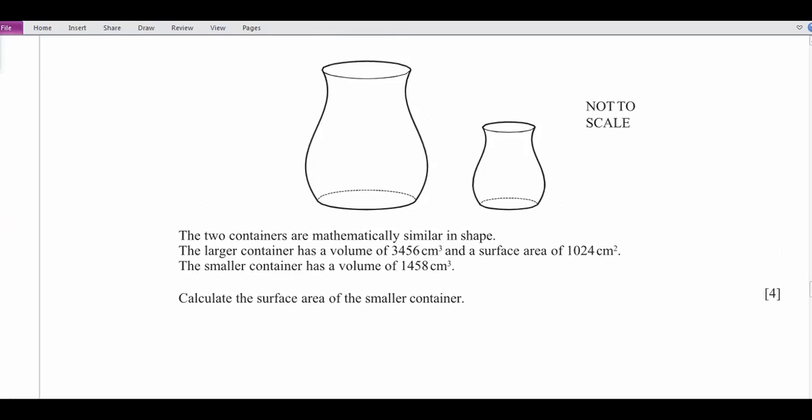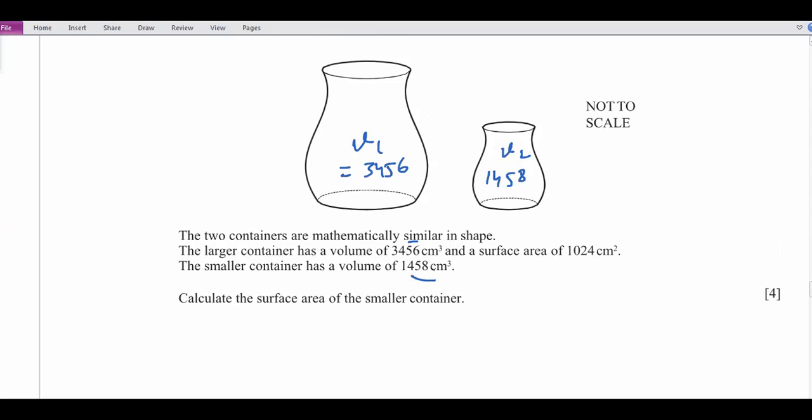Now again, two shapes are given, mathematically similar. When the word similar is used, immediately the formula of area and the formula of volume should come to your mind. The larger container has a volume, say this is V1, this is V2. V1 is 3456.